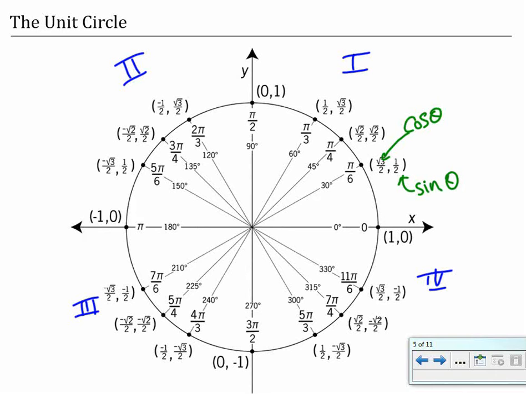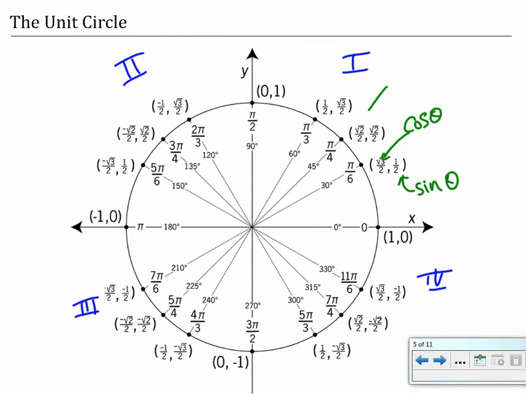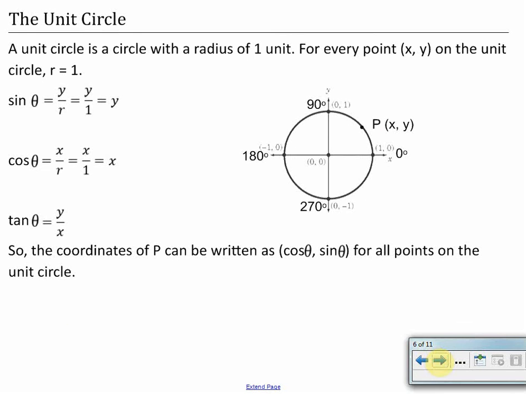And that's true for all of these points. If you look at pi over 4, that would be a 45, 45, 90. Radical 2 over 2 and radical 2 over 2 are my sine and cosine values. Well, that's what shows up here. Radical 2 over 2 and radical 2 over 2. So that tells me that the points x comma y are represented by the cosine and sine of each angle.